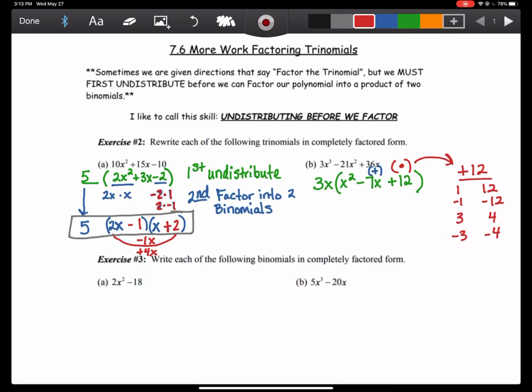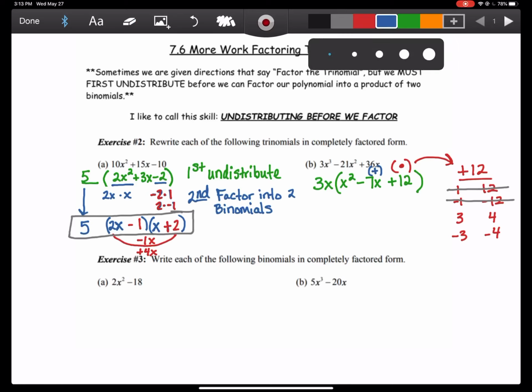There's no way. They either add up to 8 or they subtract to equal 4. So they can't be a possibility. And with that same thing in mind, that means I know 1 and 12 are out too. So you start to get a little faster at determining which factors you'll need. And once you get there, this will go much faster.